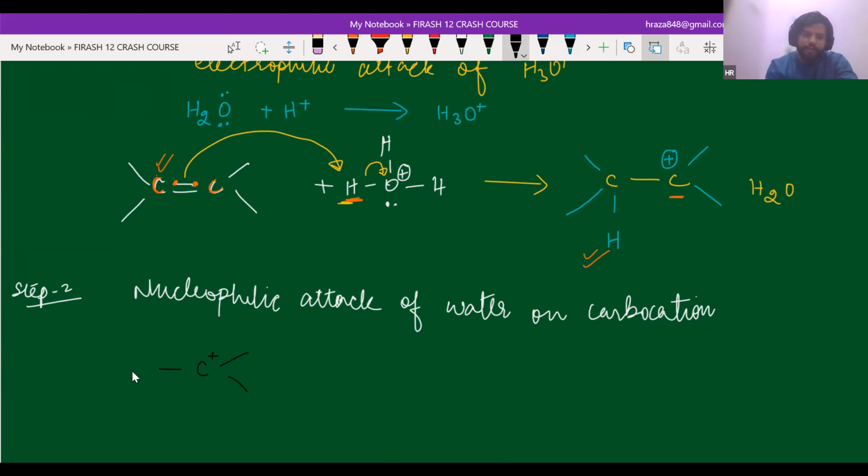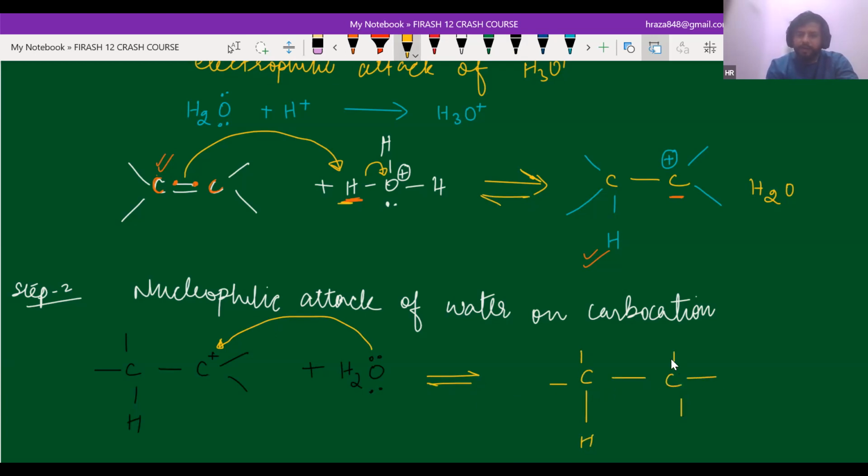As you can see, it has hydrogen and this will be in this. So H2O is there and H2O is rich in electron because it has two lone pair. And what it will do, it will basically attack on this. This will be basically a reversible reaction. This part will be as it is, this part will be as it is, but now this part is basically connected with oxygen, which has two hydrogen.